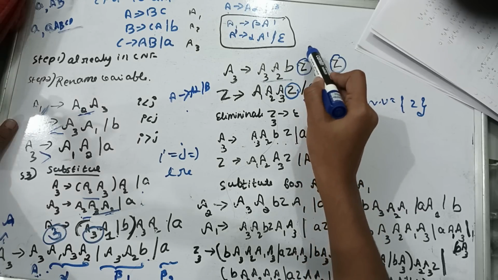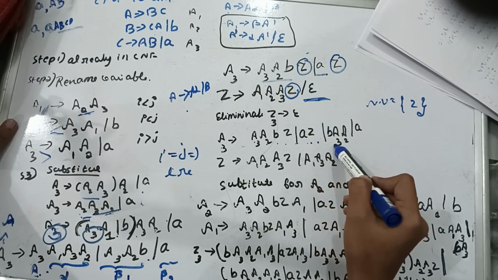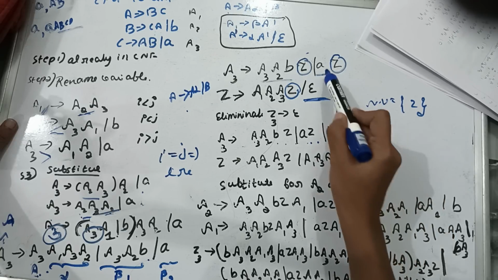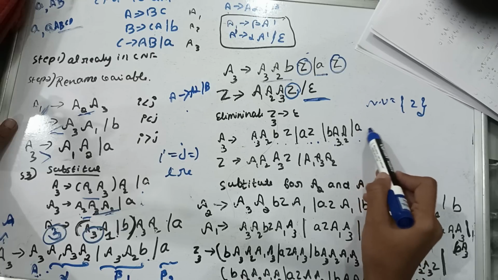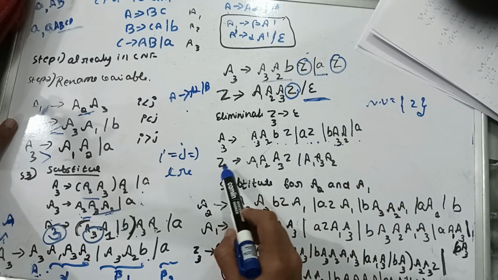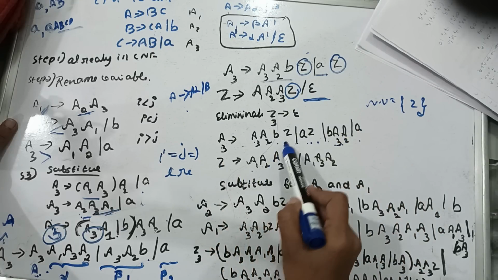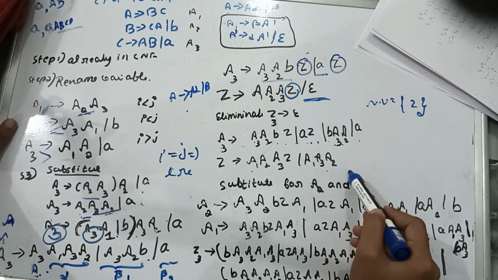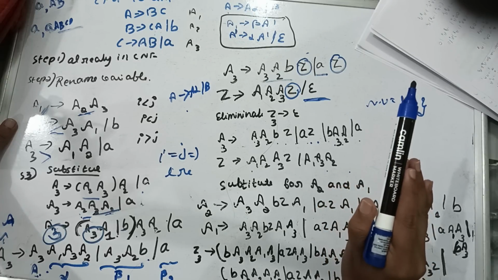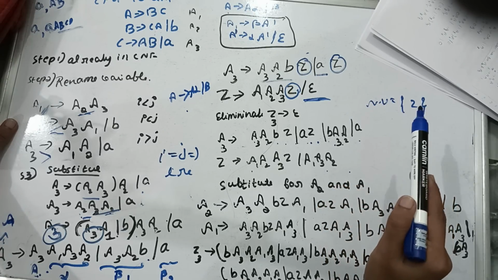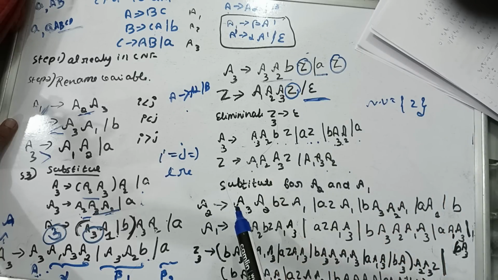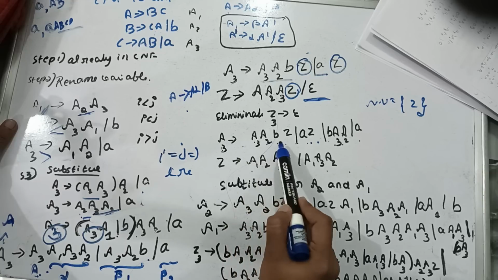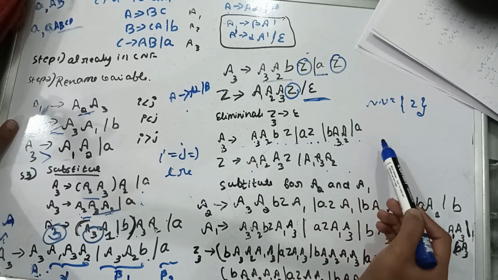After that, if we substitute epsilon here, then we get A3 A2 B, and if we substitute epsilon here, then it is A. Then Z gives A1 as it is, and if we substitute epsilon here, it looks like A1 A3 A2. This is the removal of null production. Next, check here: A3 is in the form where a single terminal is acceptable.